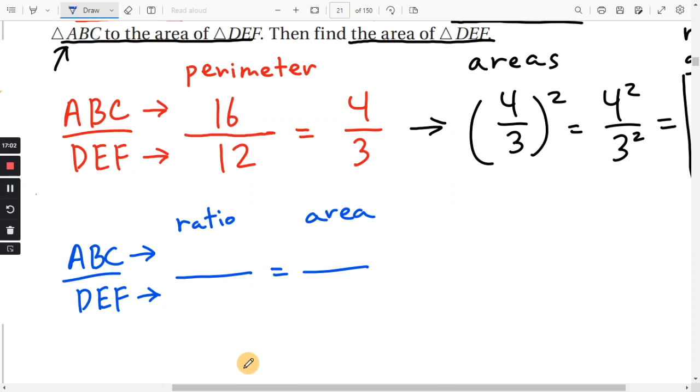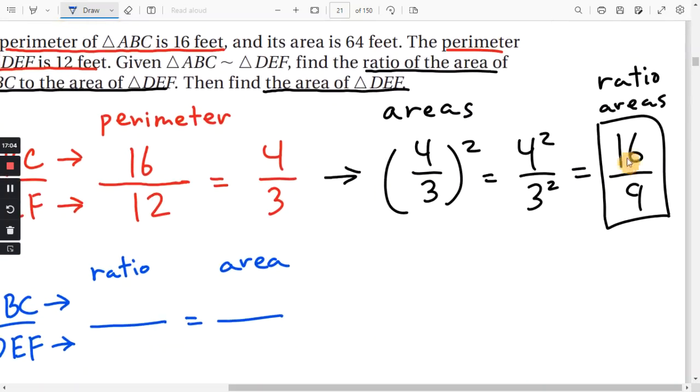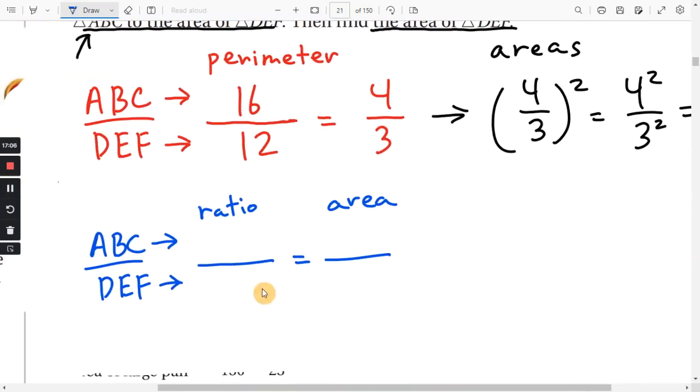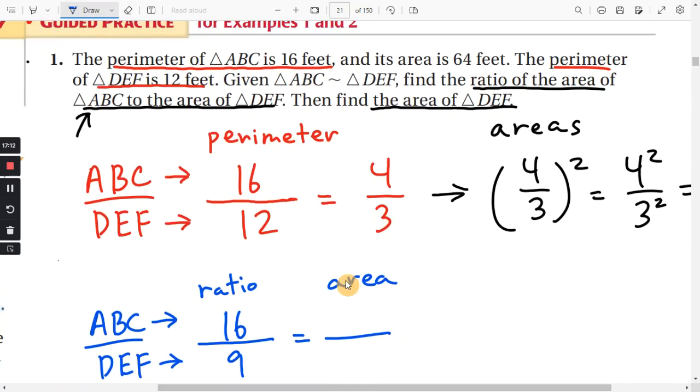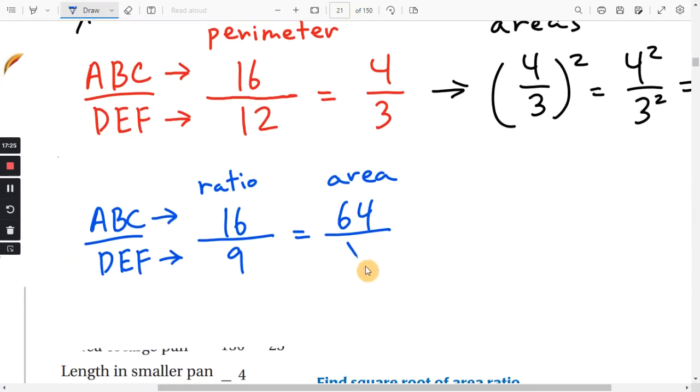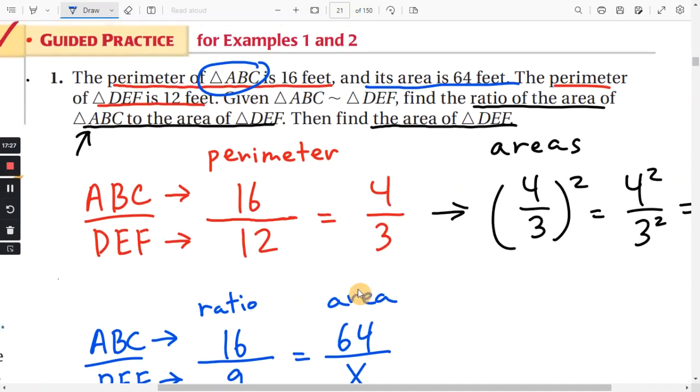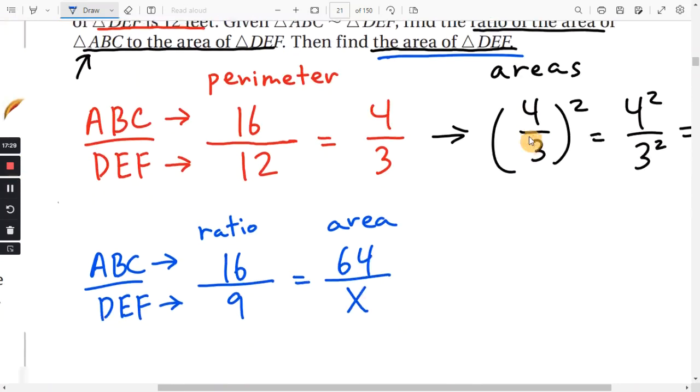So we just did the ratio for the area. That's 16 over 9. Now for the actual area, they said that for ABC, its area is 64 feet. So for ABC, the area is 64. And for DEF, we don't know, so we're just going to call that X. We're looking for the area of DEF.